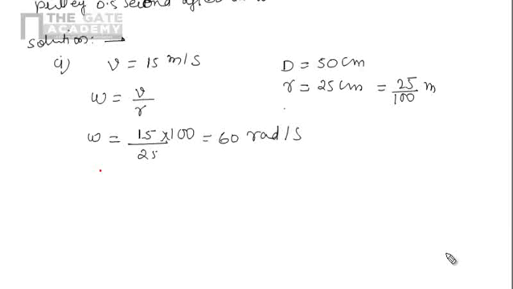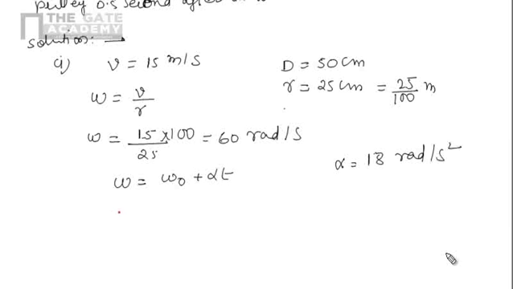And now we can use the equations for circular motion. I am using omega equals omega 0 plus alpha t, and here in this problem alpha is given, that is 18 radian per second square.